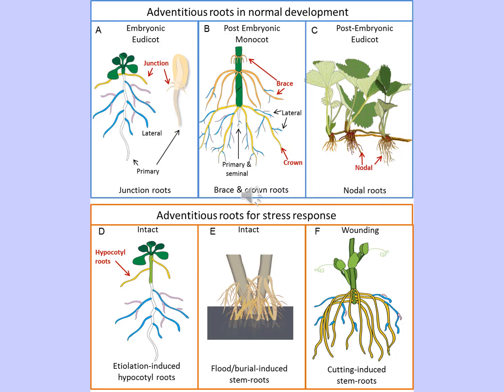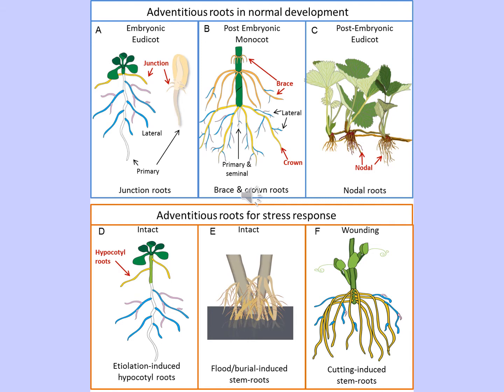Here are some examples of adventitious roots that form in normal development, not from cuttings. On the top part of the image, embryonic roots in dicots, sometimes called eudicots, there are primary roots and lateral roots. Those lateral roots, shown in blue, are considered adventitious roots.